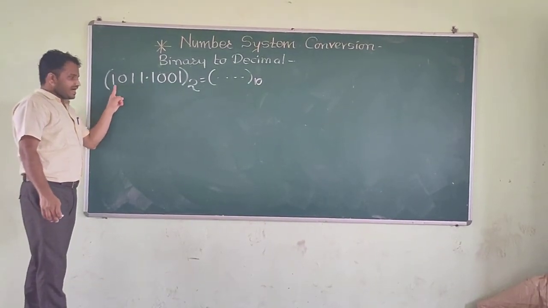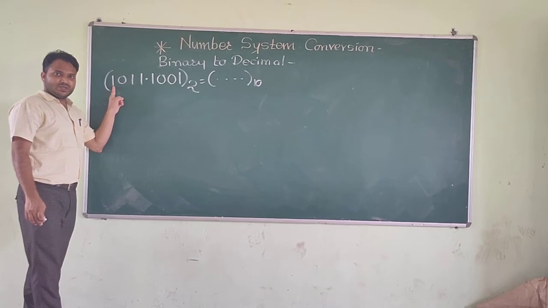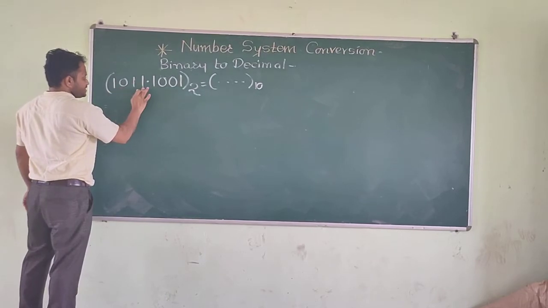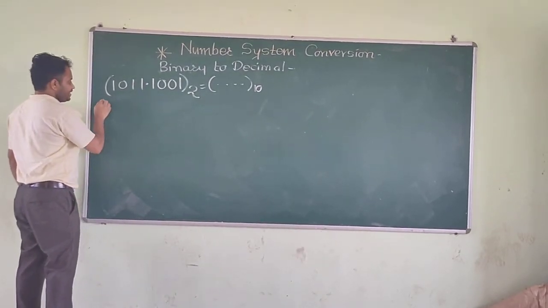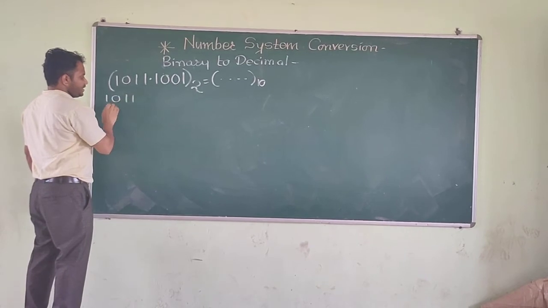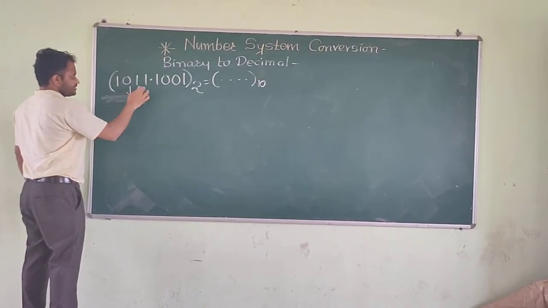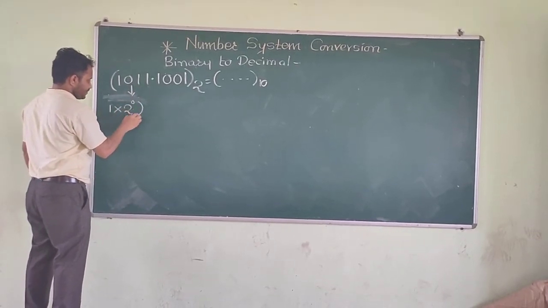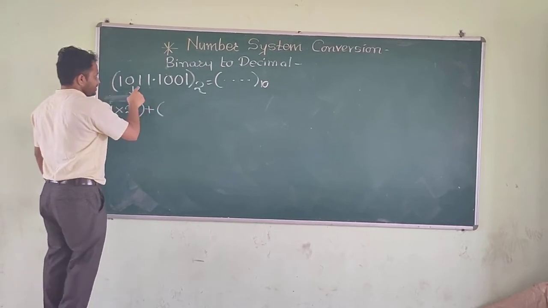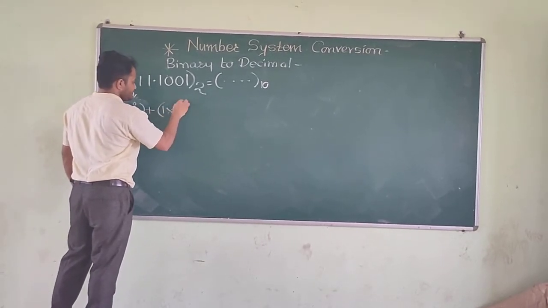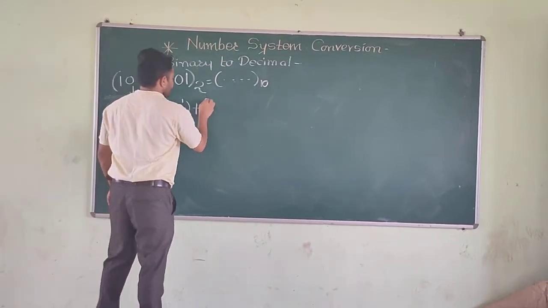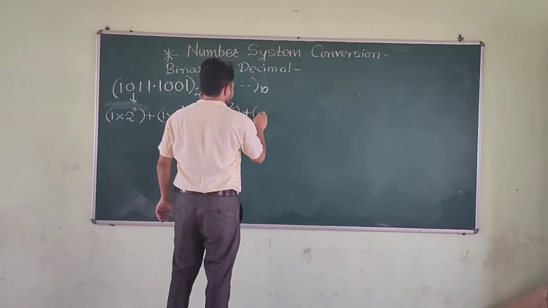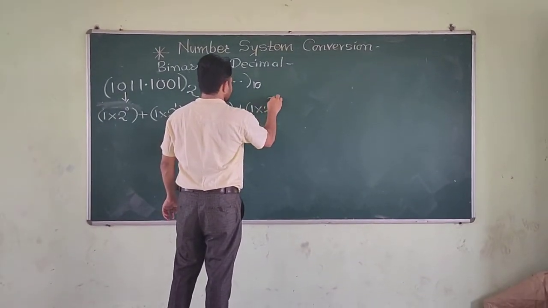For this part we need to follow the procedure just like I have already told you. For 1011 we have to write like this: 1 into 2 raised to 0 plus 1 into 2 raised to 1 plus 0 into 2 raised to 2 plus 1 into 2 raised to 3.